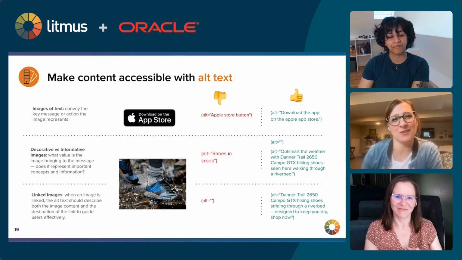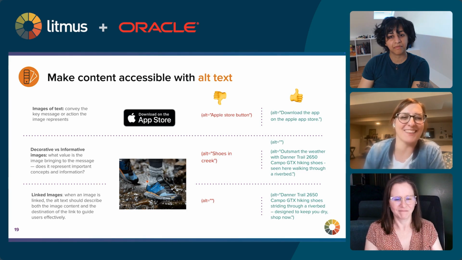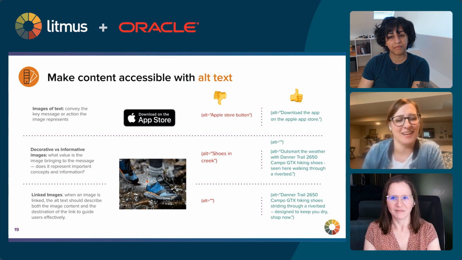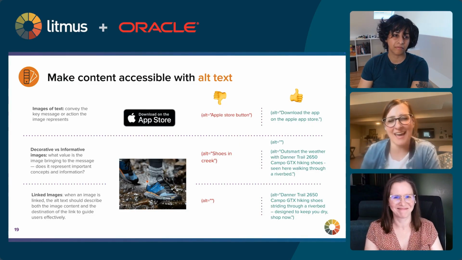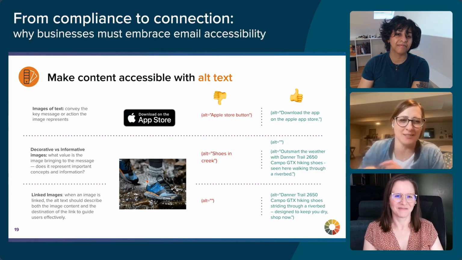And Sarah, I know you'll agree that there are so many ways we could approach this in email. Today, we're just going to scratch the surface with a few key areas. One of the most common issues we see in email is text embedded within an image. A great example is this classic app download CTA button.